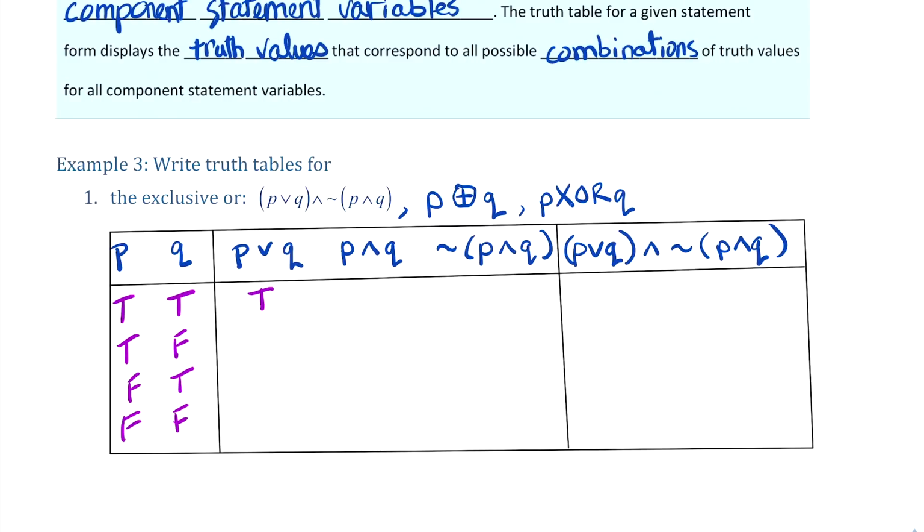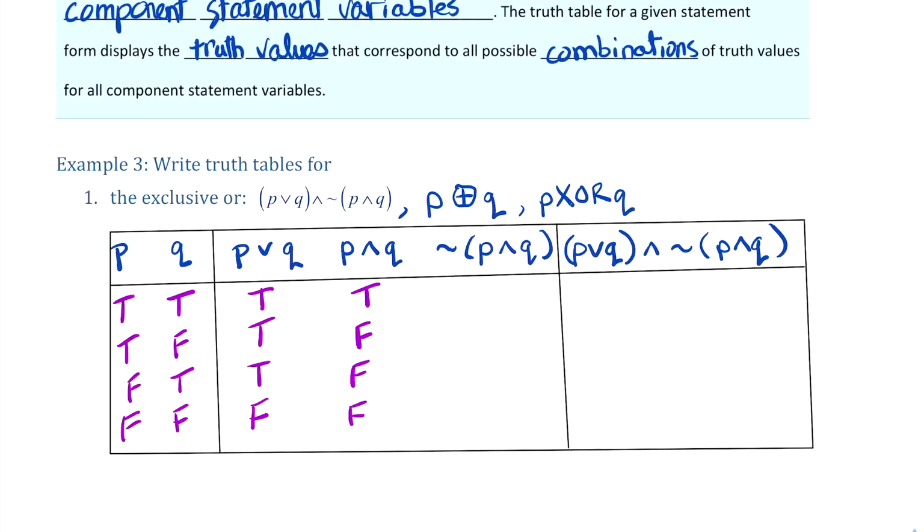So remember that the disjunction of P and Q is true all the time except when they're both false, if you're dealing with two variables. So this is the situation for the disjunction of P and Q. The conjunction of P and Q is only true when both P and Q are true, and the rest of the time it's false.